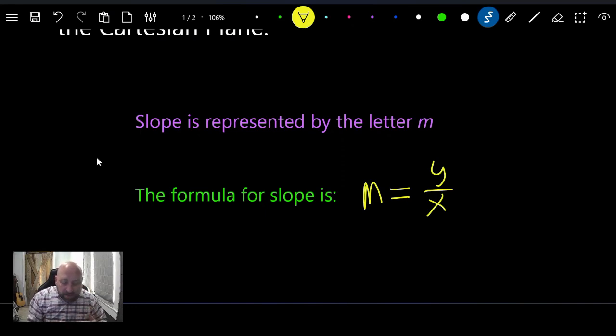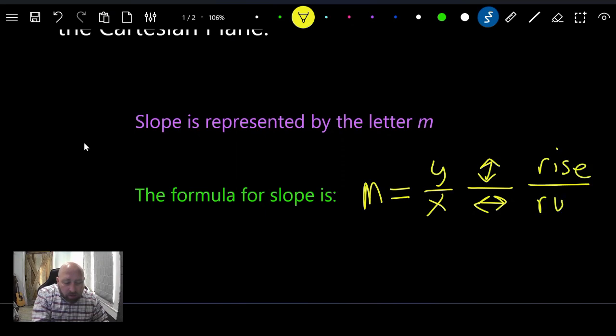The second way that we can write it is I'm going to put an arrow going up and down, and then another arrow going left and right. So we could also write it like an up and down and a left and right. And then the third way that we can write it is with the words rise over run.